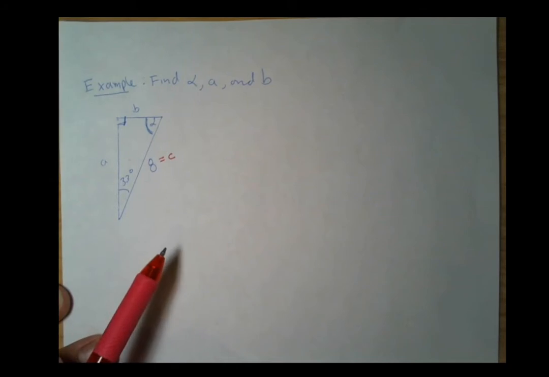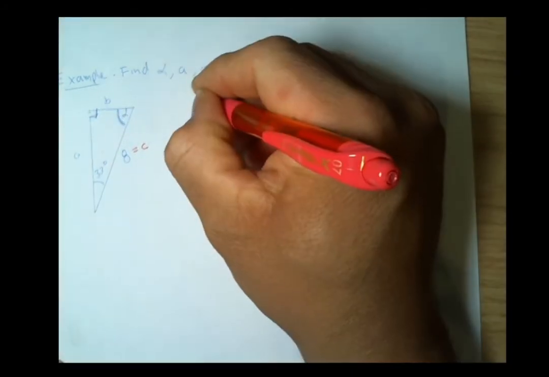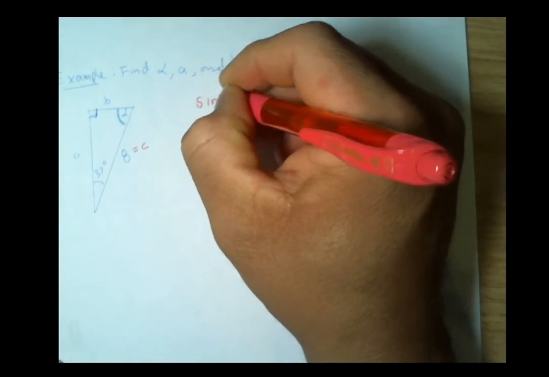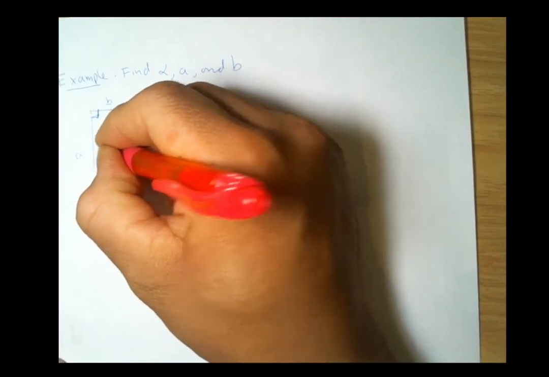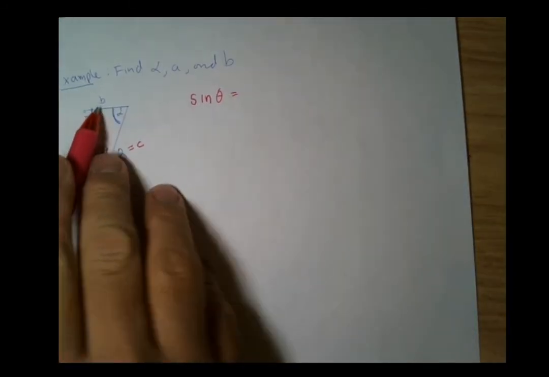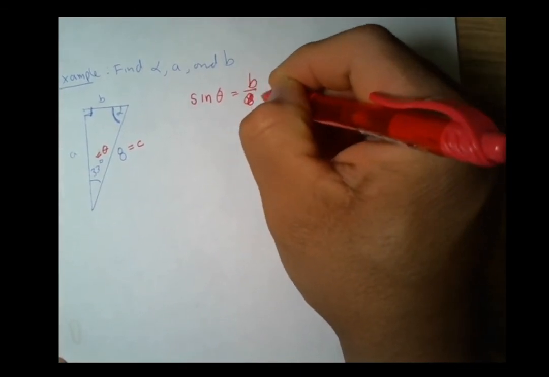Okay, so here we'll do sine, and then we'll call this our theta. Sine theta is always the opposite, so b over 8, or b over c.